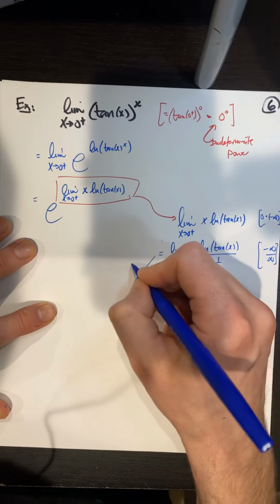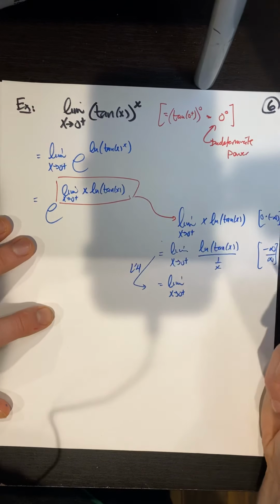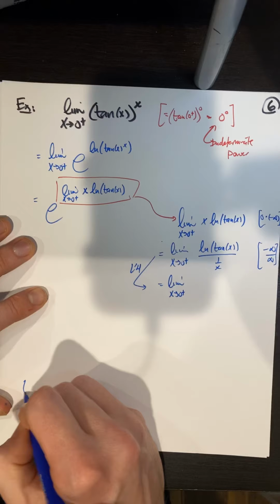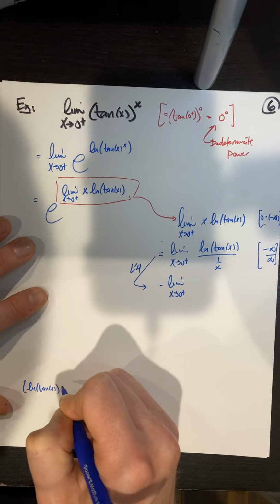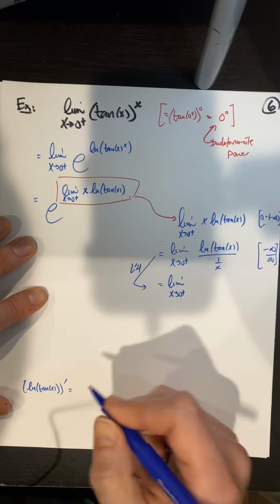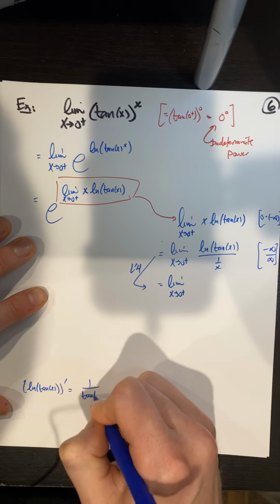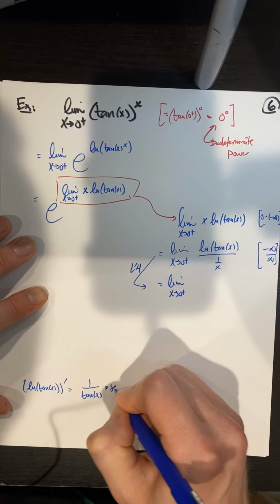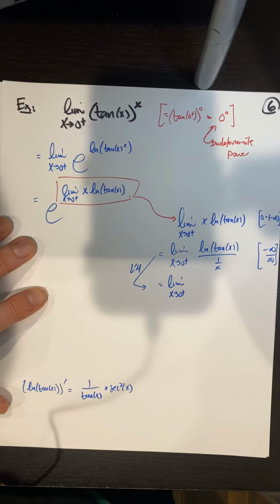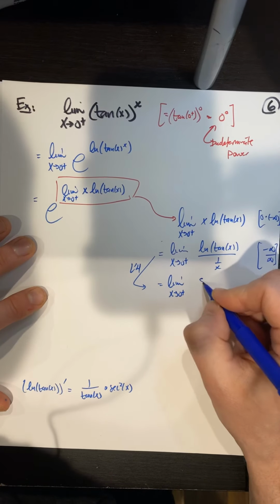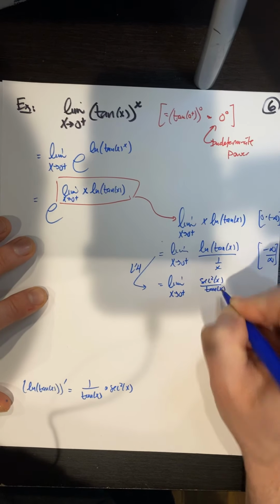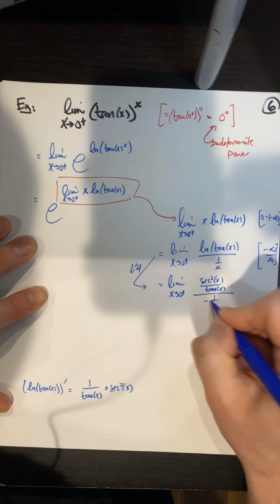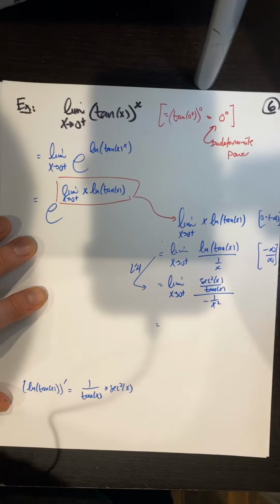So I can do L'Hopital's rule here. So down here, I'll say, okay, what is ln of tangent of x prime? So that would be 1 over tangent of x. And then the derivative of tangent is secant squared of x. So up top, I get secant squared of x over tangent, all over negative 1 over x squared.